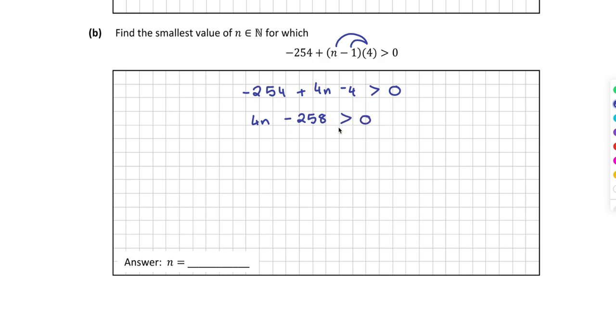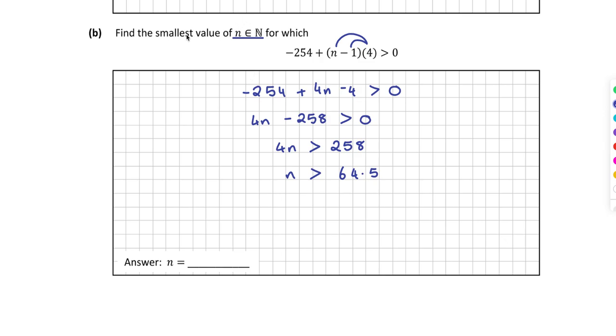Now I'm going to add 258 to both sides, and I'm going to get 4n is greater than 258. How do I get n on its own? Well, n on its own is going to give me 258 divided by 4, which is 64.5. Now, remember, n is a natural number. So what's the first natural number?